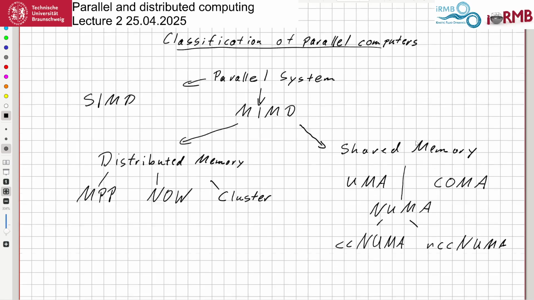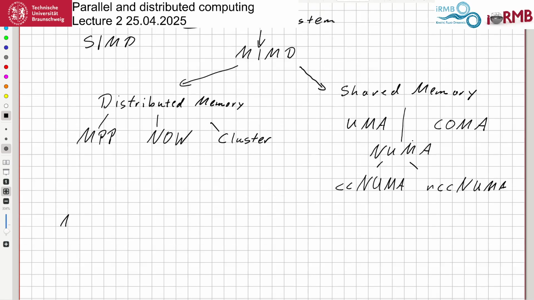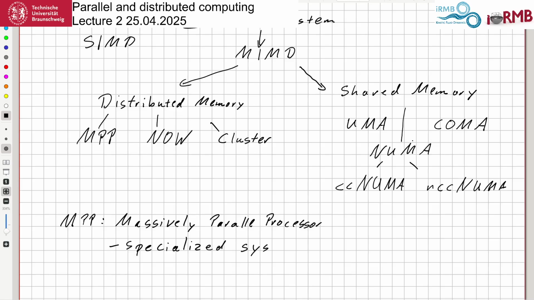Okay, let's just write down these names. So MPP is massively parallel processor. Usually this is a specialized system with a unified operating system.